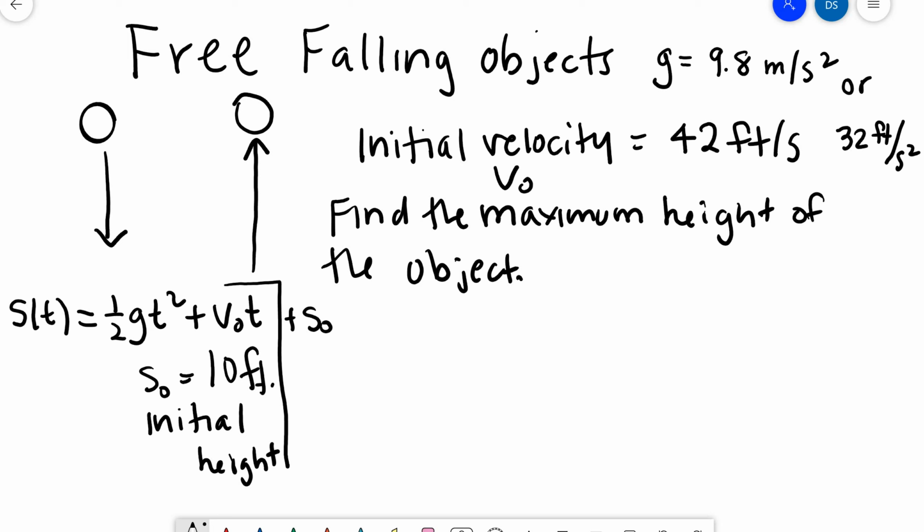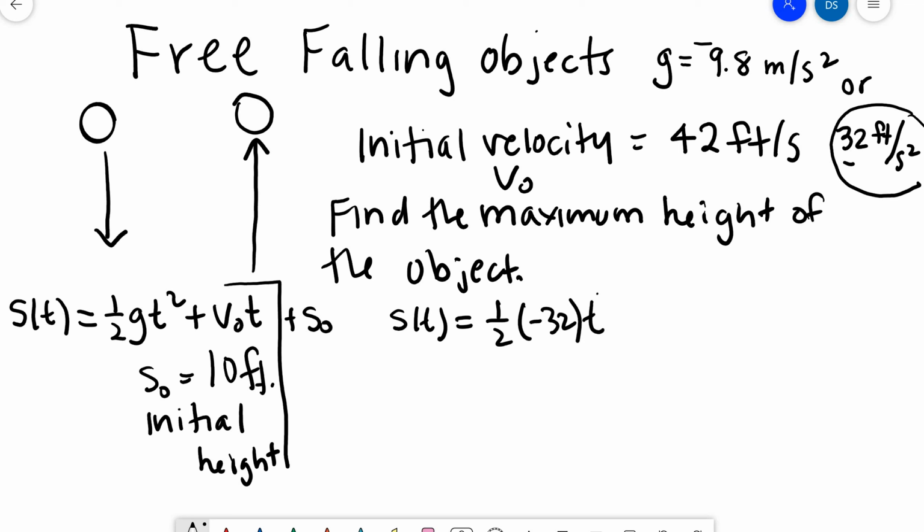Now if you notice, gravity is the acceleration, the rate of change of velocity. Okay, so it's feet per second squared or meters per second squared. And we're going to use what we use in the USA, feet per second squared. Okay, I'm going to substitute everything in here. The position of the ball equals 1/2, and this negative is there because gravity pulls down, so we're going to put negative 32 here.